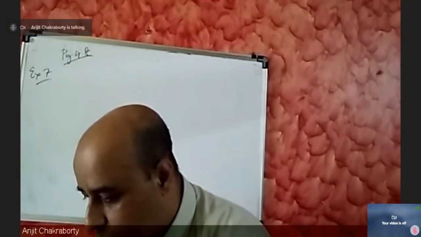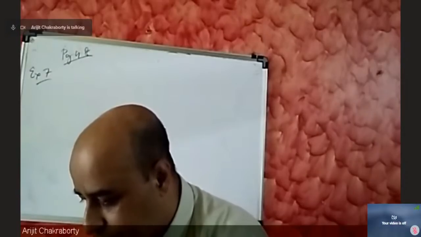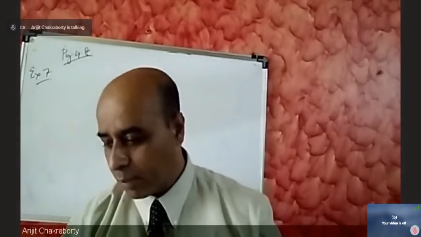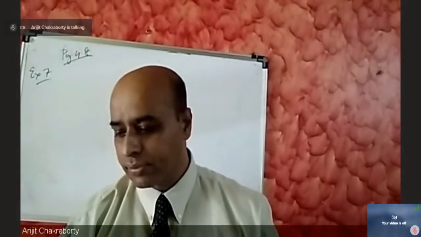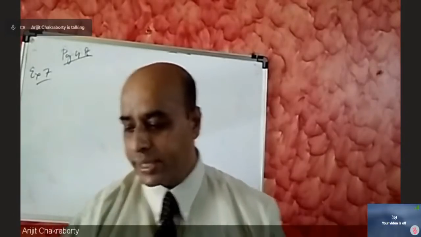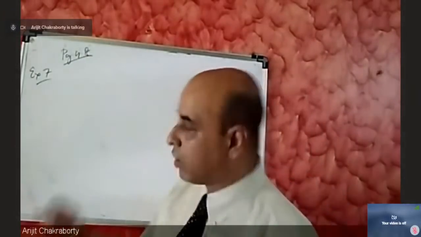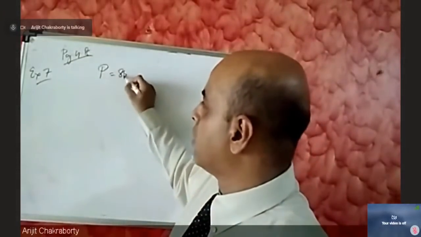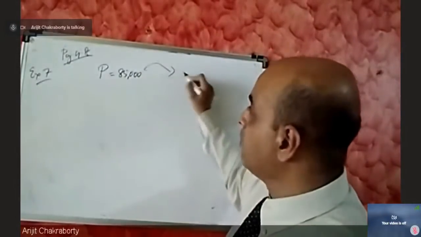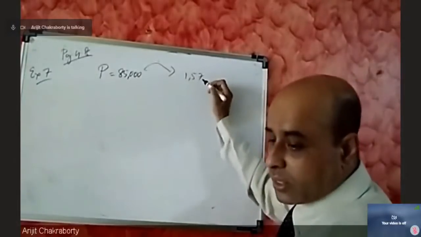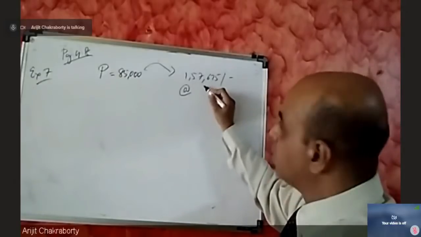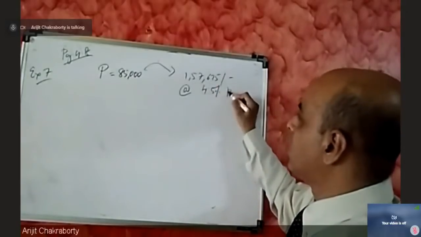The question is: in what time will 85,000 rupees, the principal amount, become 1,57,675 rupees at the rate of 4.5% per annum?